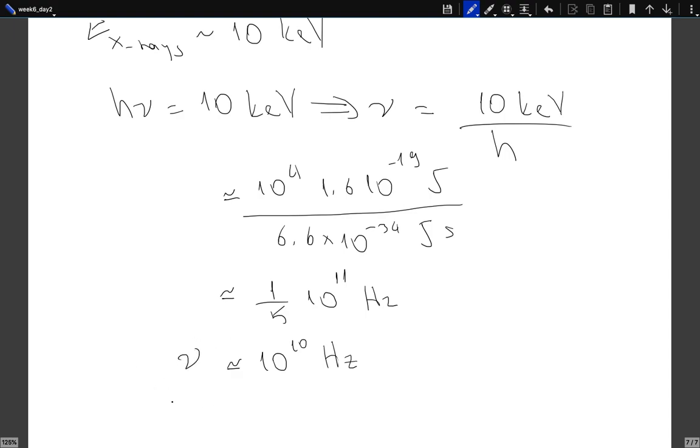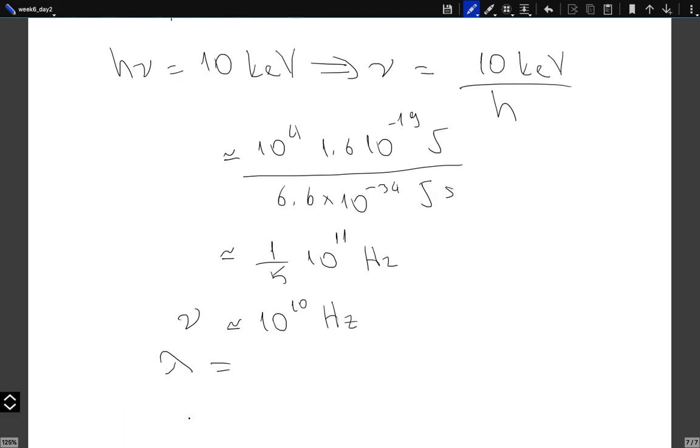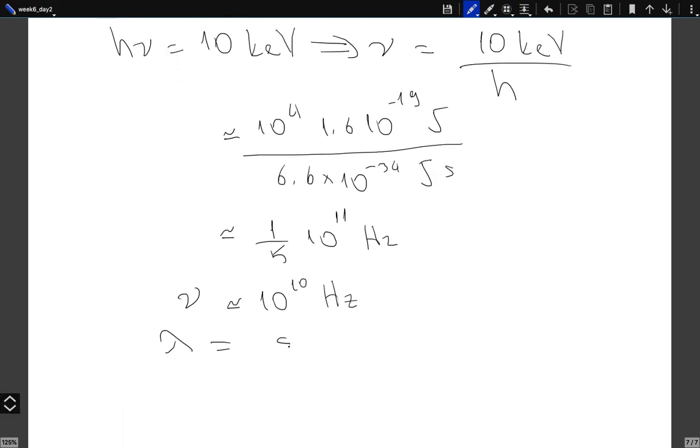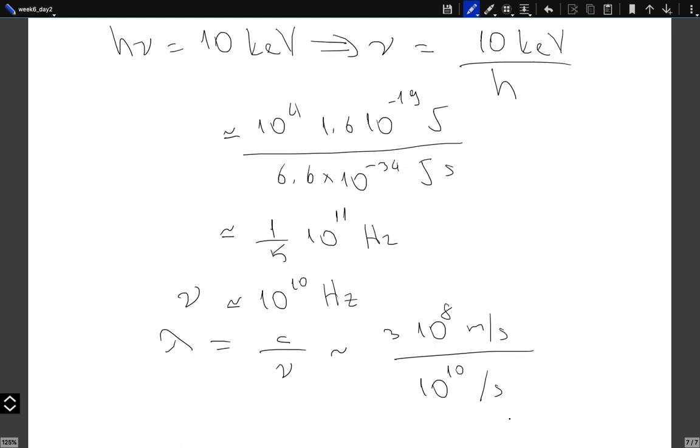Nu. What is the corresponding wavelength? c over nu. c is approximately 3 times 10 to the power 8 meters per second. Nu is 10 to the power 10 per second.